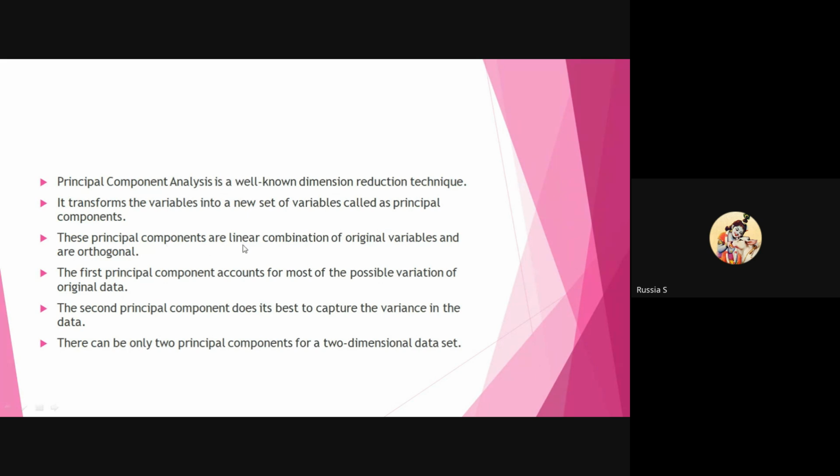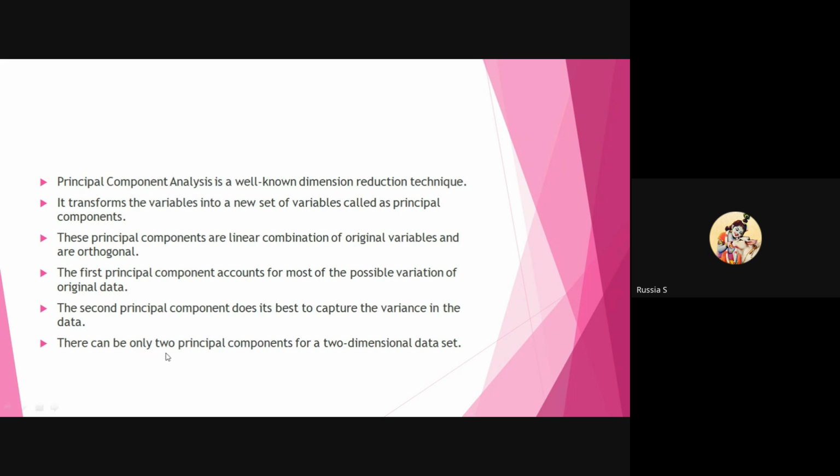These principal components are linear combinations of the original variables and are orthogonal. The first principal component accounts for most of the possible variation of the original data. The second principal component does its best to capture the remaining variance in the data.